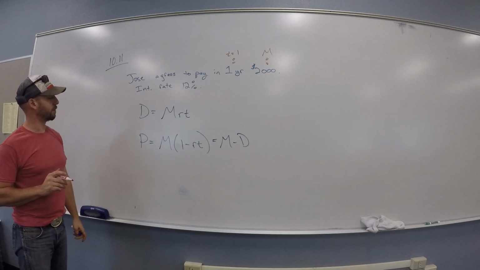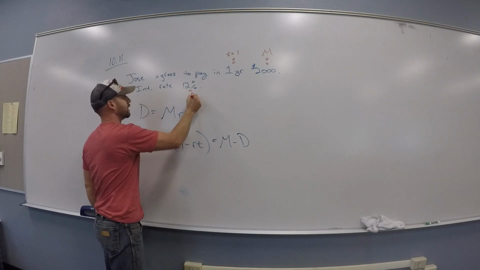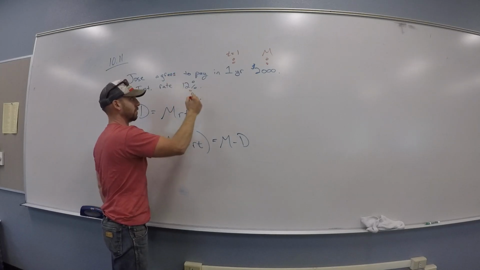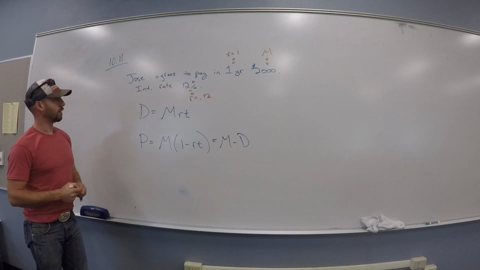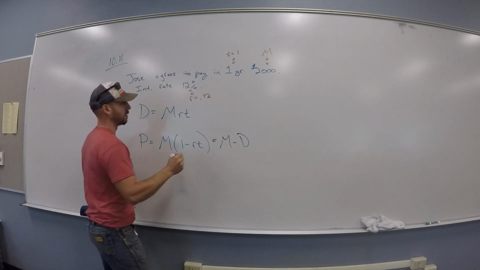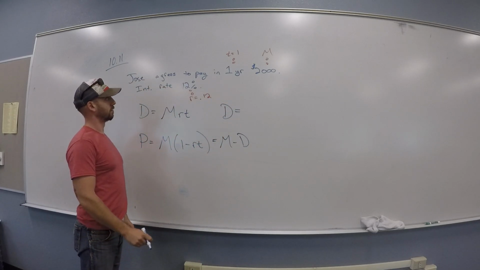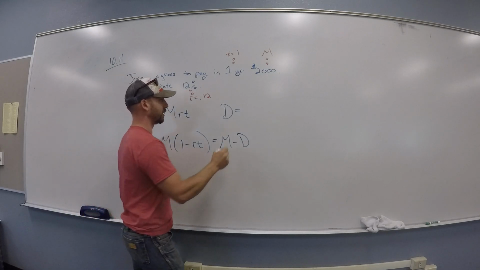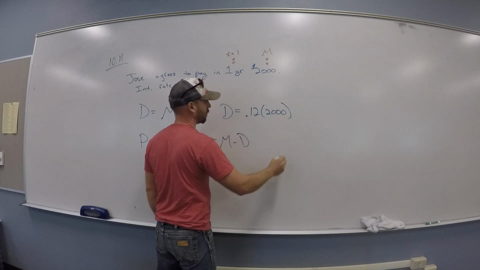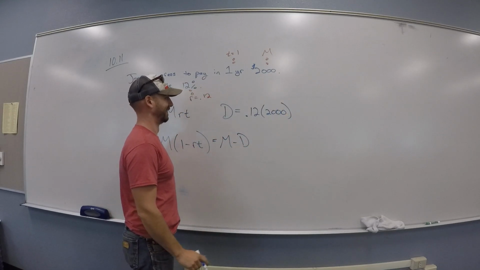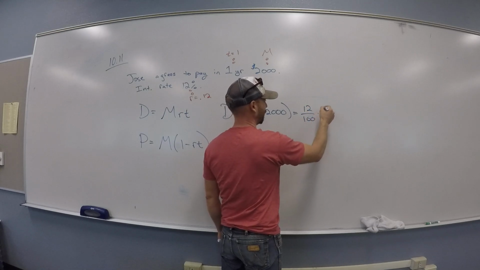And then what else did they give me? The interest rate. They said the rate's 12%, so R is 0.12. In calculating my discount, it's just 12% of 2,000, which is 0.12 times 2,000, or 12 per 100 times 2,000.